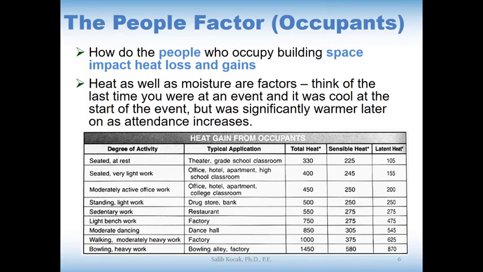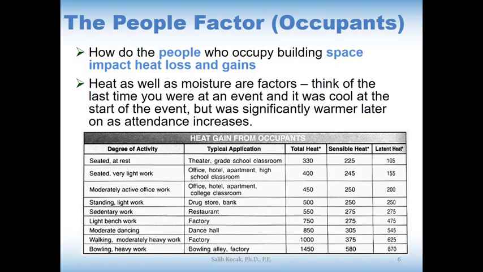And since this is the case, we have to know the number of people occupying that space first. The second thing is the activities the people are doing, to find the people factor.